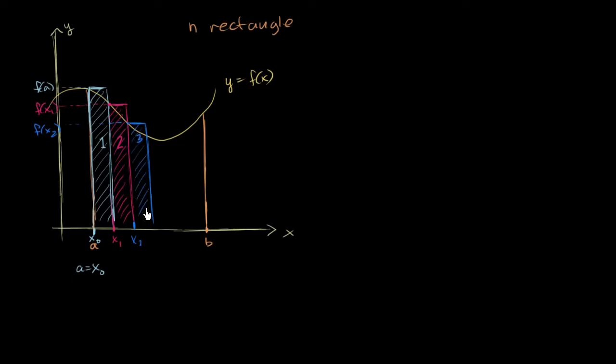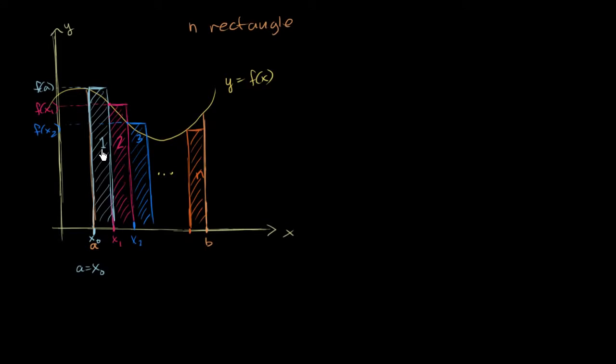And we're going to continue this process all the way until we get to rectangle number n. So this is the nth rectangle. And what am I going to label this point right over here? Well, we already see a pattern.